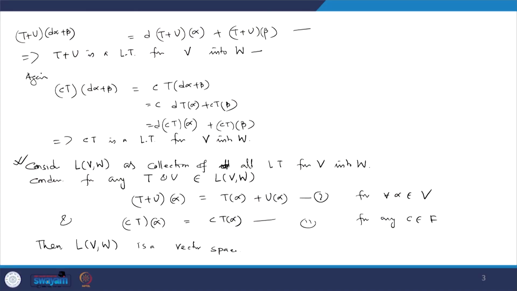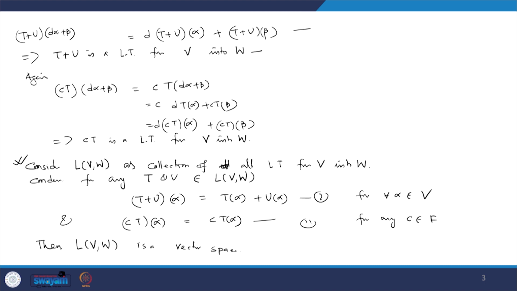One can think that way, but without going that side also, one can again prove independently that L(V, W) is a vector space. Closure property holds good with respect to addition, that is from the definition itself, already seen. Associative property will also hold good because we have already seen the set of functions from a set V to W satisfies the associative property.